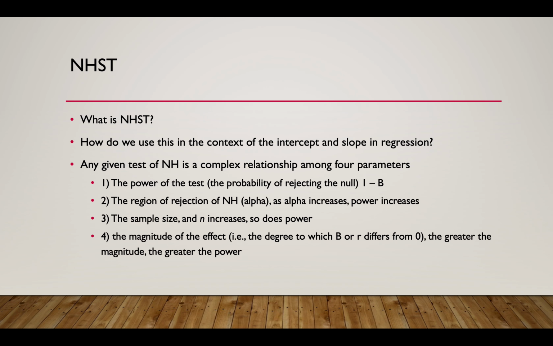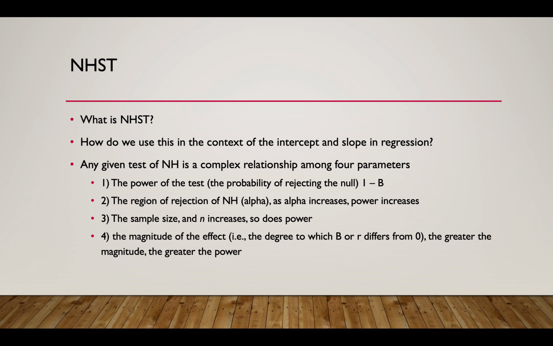Right? I suppose in a way you can say that you're testing against a zero effect, but there is never a true zero effect. There's almost always some sort of relationship. It may not be a robust relationship, but a relationship nonetheless. And so this is especially true with regard to the slope.